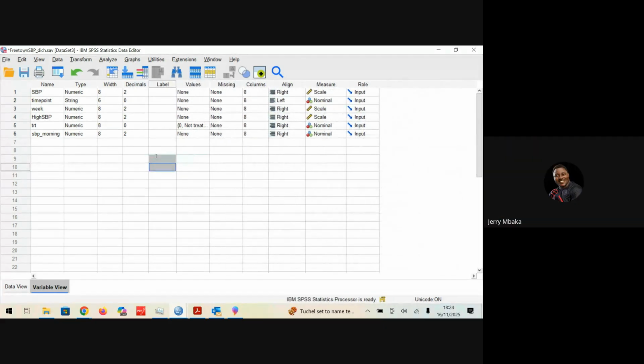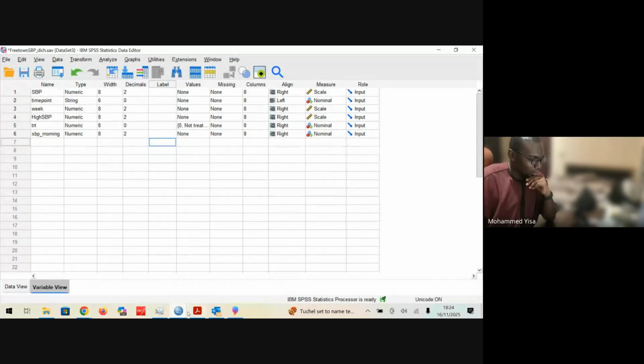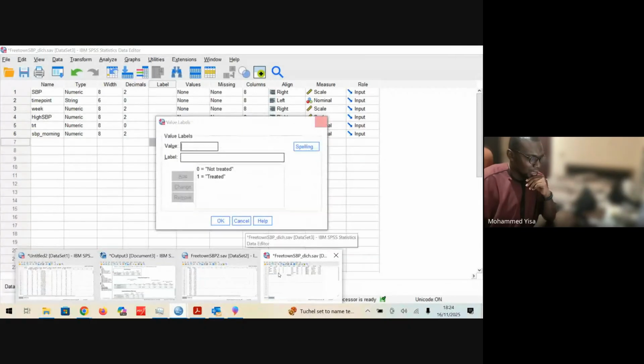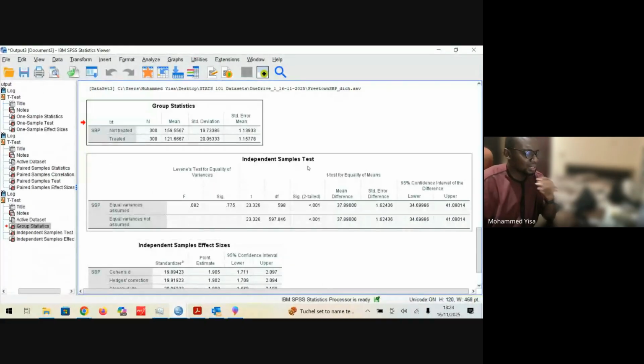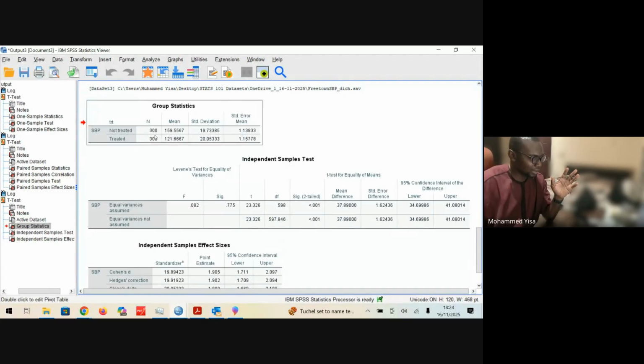Fantastic. Okay. So let's interpret our t-test now, our independent samples t-test. On the group statistics, we can see that there are 300 participants who have not been treated.